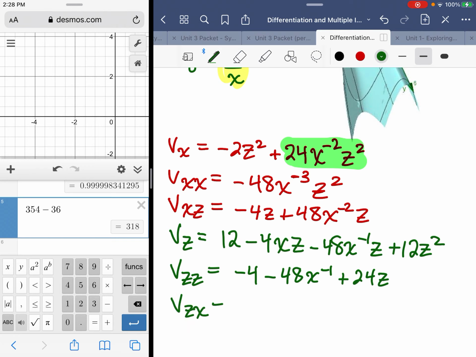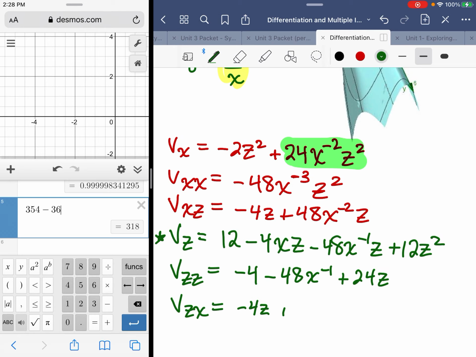My second order mixed partial. Now I'm just doing this to verify that I didn't screw up v sub xz. This part is not necessary, but I don't want to take the chance. So if we're taking the derivative of this one with respect to x, the constant still goes away. So this would become negative 4z.